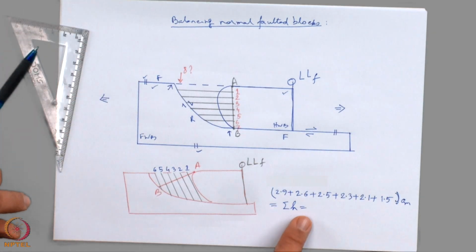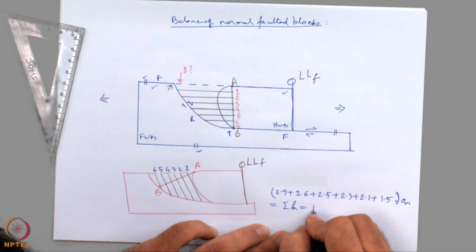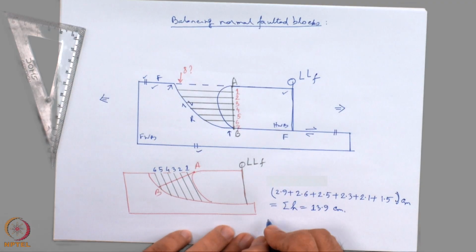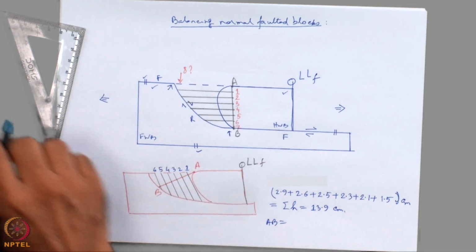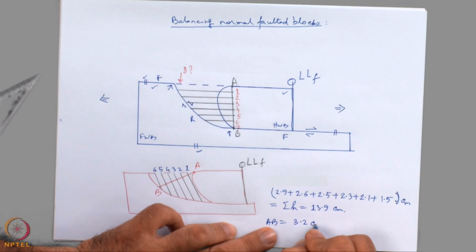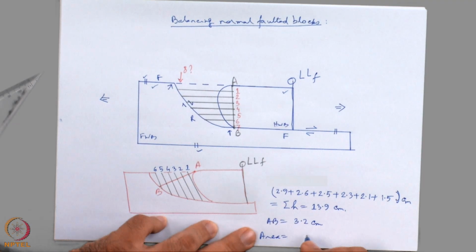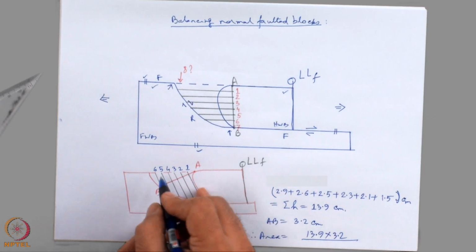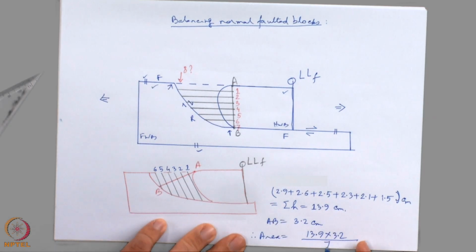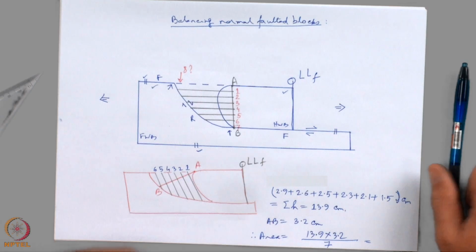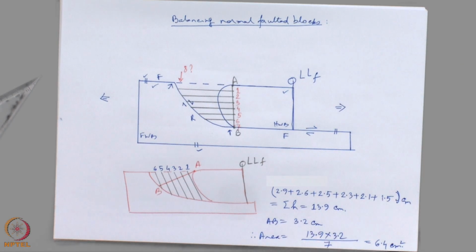And this is equal to 13.9 centimeter. Here the AB length is equal to 3.2 centimeter. Therefore, the area is 13.9 multiplied by 3.2 divided by, we considered 6 lines here, so divide by 7, it is 6.4 centimeter square.